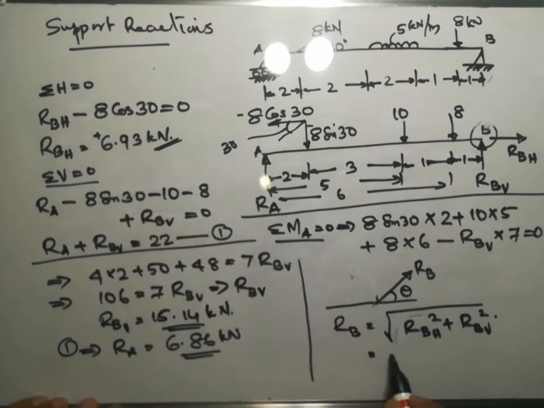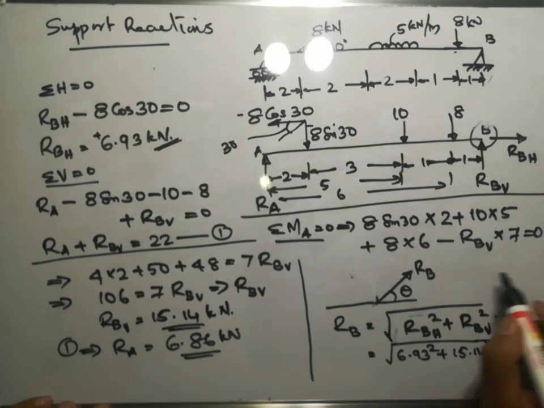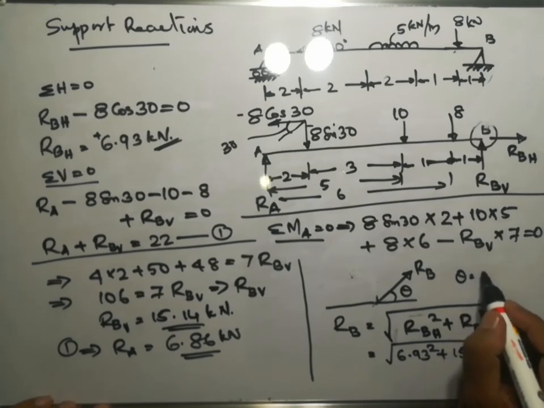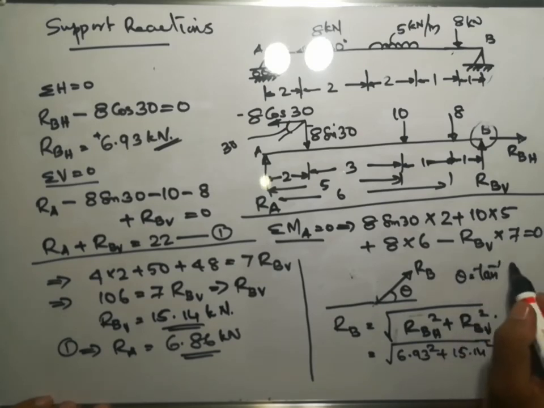RBH is 6.93, so the square root of 6.93 squared plus RBV, which is 15.14, squared, and you will get the value of RB. To find this angle theta, theta equals tan inverse of RBV divided by RBH. When you substitute the values, you will get the value of the angle theta in degrees.